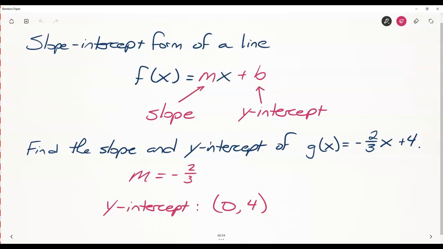And this is important to mention, because if I would have written this function like this, g of x equals 4 minus 2/3 x, what is the slope? It's not 4. It's still negative 2/3. This is what you've got to be careful with. The slope is whatever number is attached to the x.